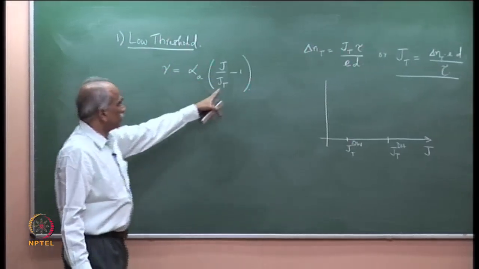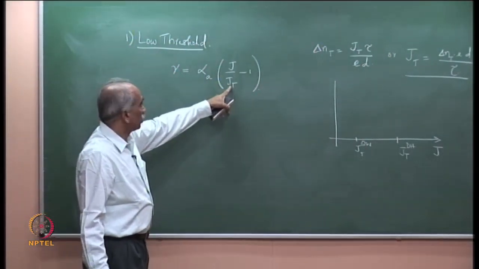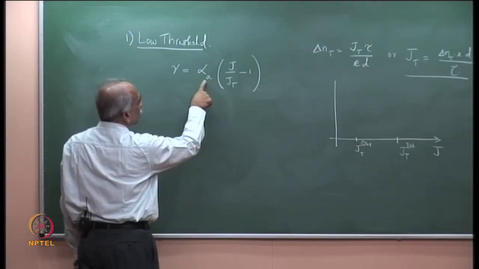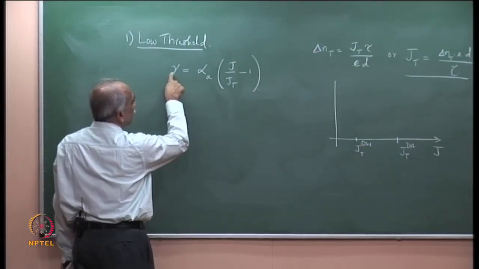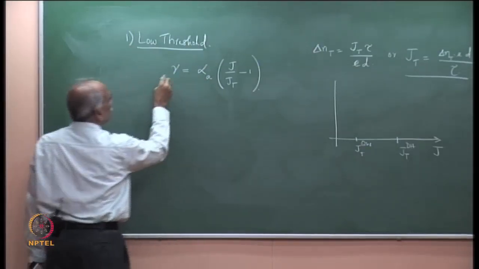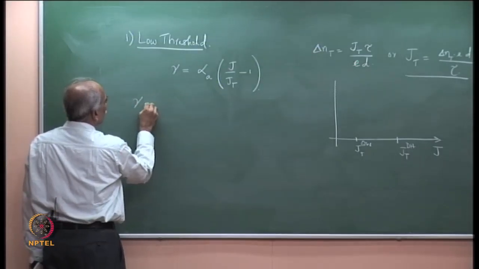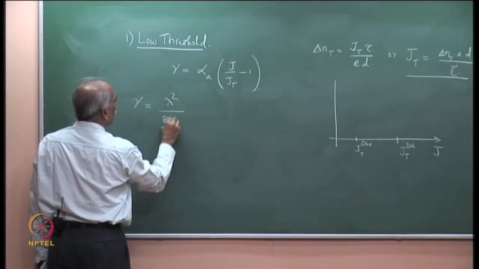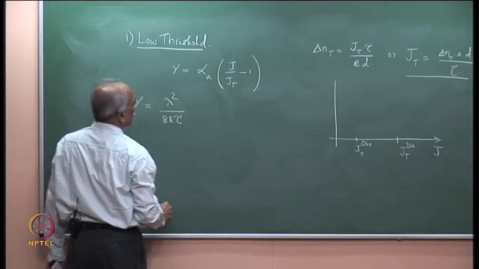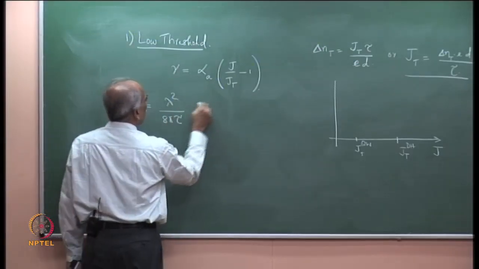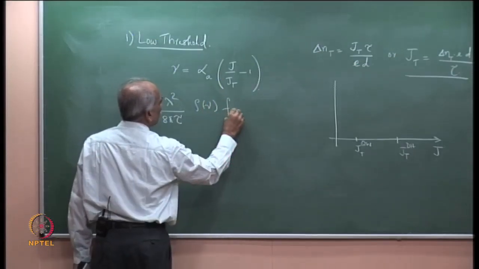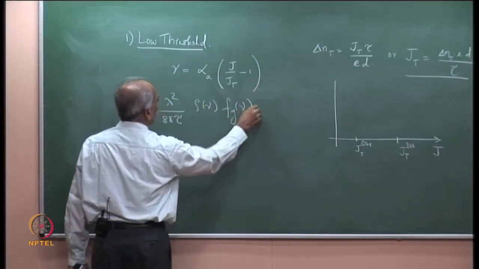So, jt is very small, and therefore, as a function of j, this is the material loss coefficient, and this is gamma, and gamma is equal to lambda square divided by 8 pi tau into rho of nu into Fg of nu, the Fermi inversion factor.